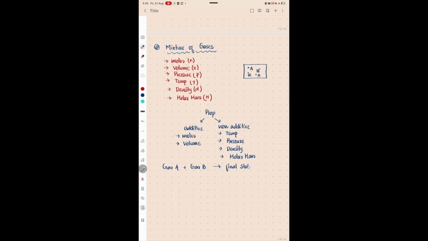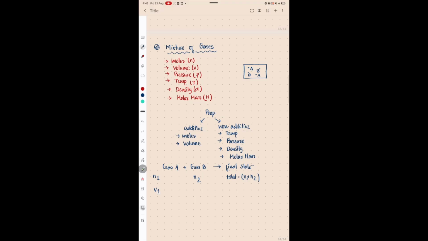Moles are additive properties: gas A of mole N1, gas B of mole N2 are mixed, so in the final state the total mole will be N1 plus N2.